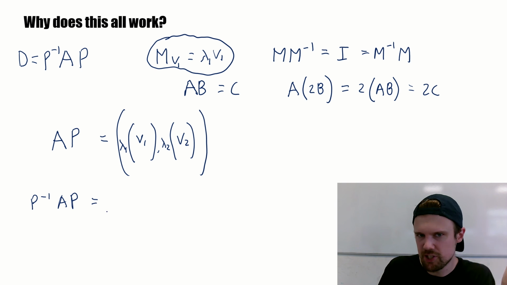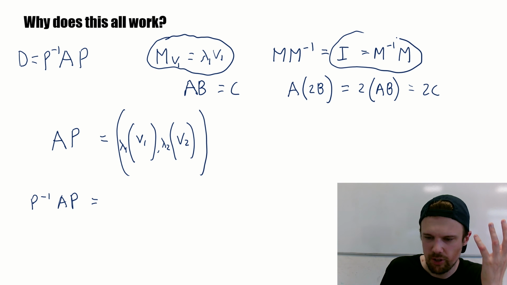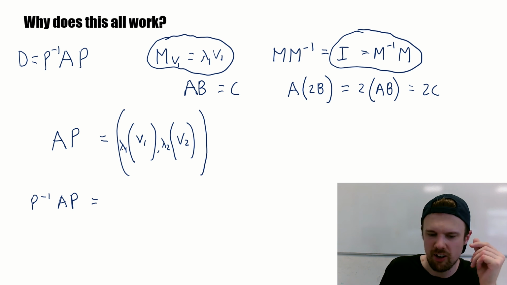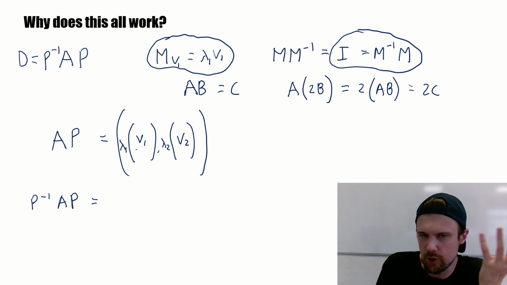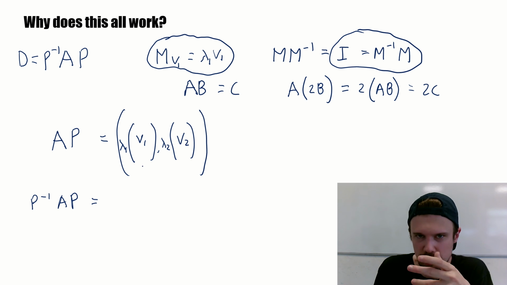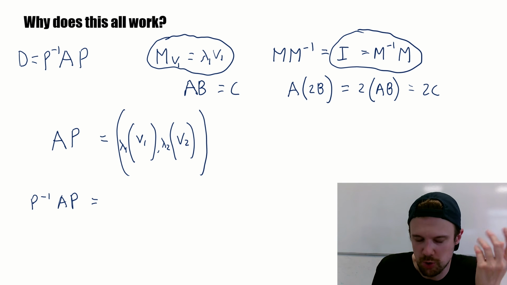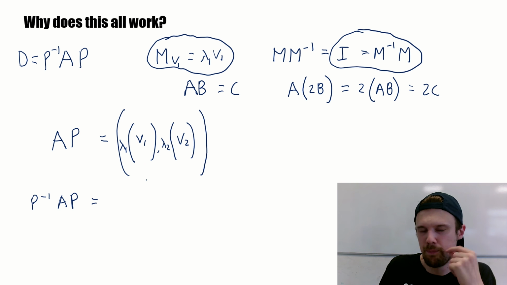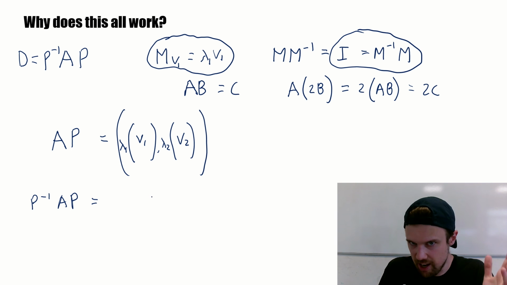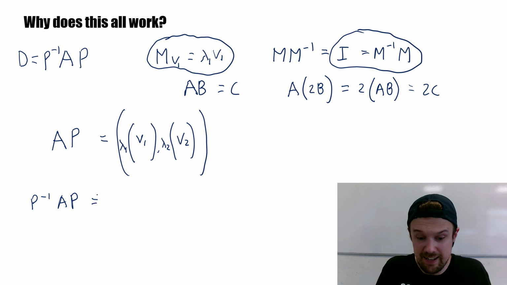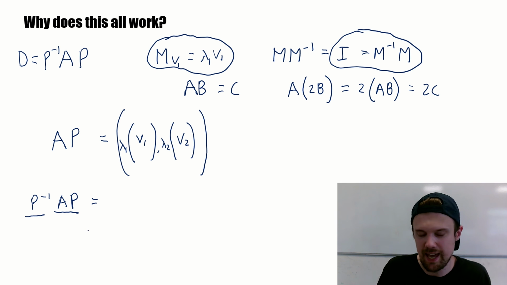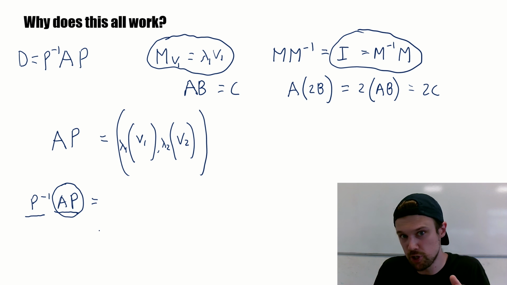And that means that the P inverse and P aren't right next to each other. So it's not quite as simple as doing this, but it is very similar because in reality, we've got lambda 1 lots of V1, which was the first column of P, and now lambda 2 lots of the second column, which therefore wasn't just the original column we had for P. Because those are both just scalar multiples of the entire column, and because this result is still the second thing in this multiplication, we're still just going to be using the columns of this result when doing the matrix multiplication.